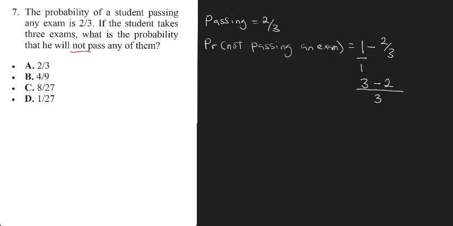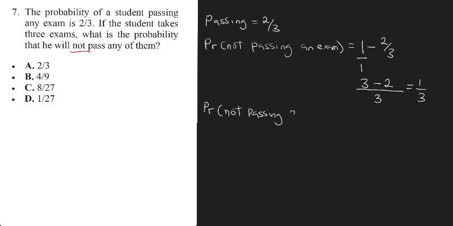So 3 minus 2, of course, is 1 over 3. So this is the probability of not passing it. So this one is for one exam. So now for 3 exams, right? Because the question said 3 exams. So probability of not passing.